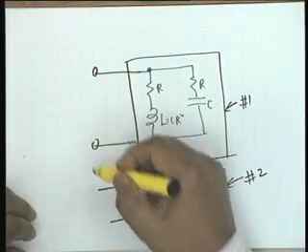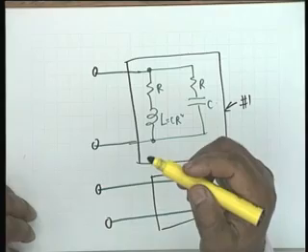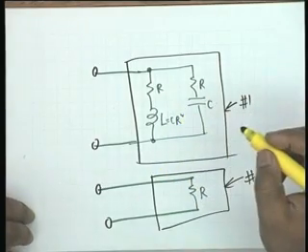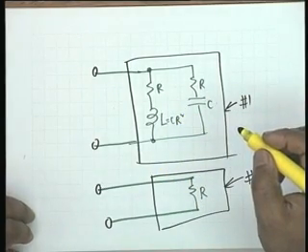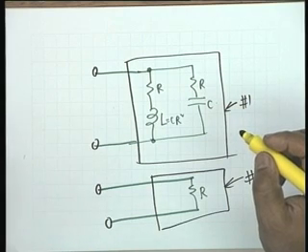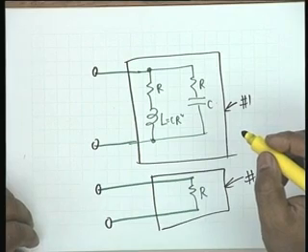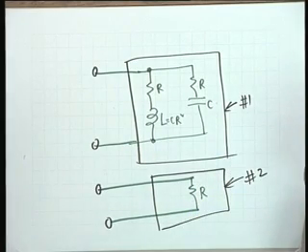By measurements from the terminals, it is impossible to tell which box contains one pure resistance and which box contains the inductance and capacitance. There is no way it can be done.